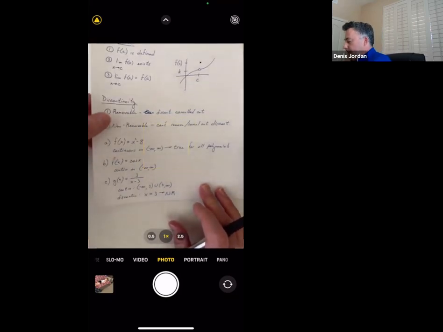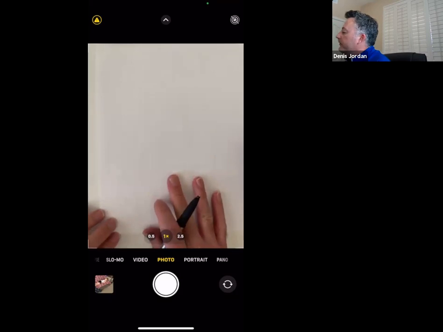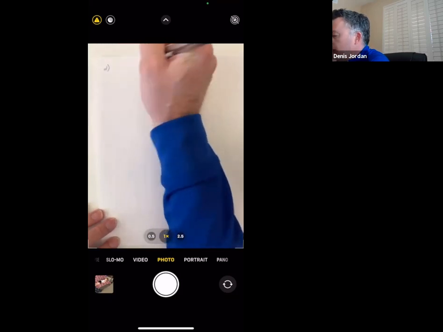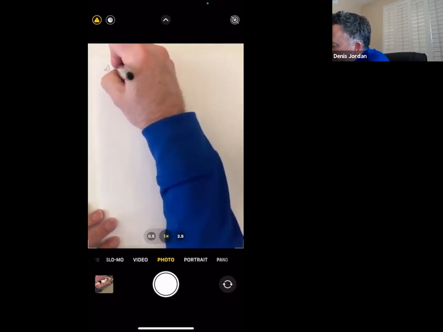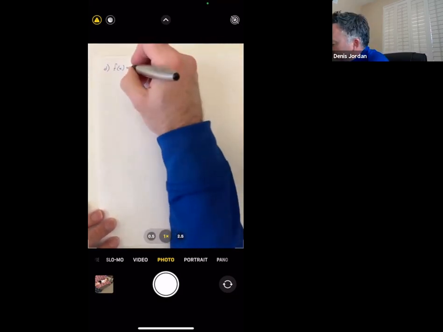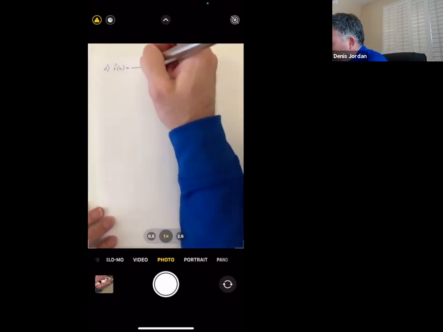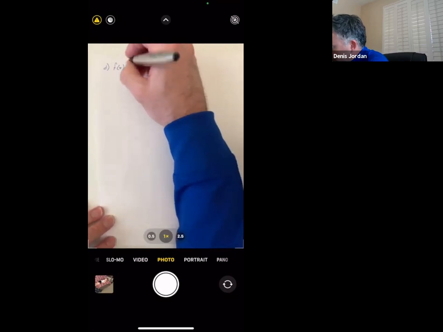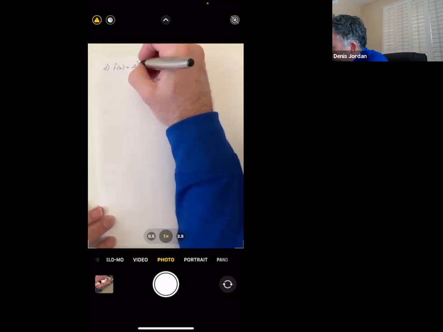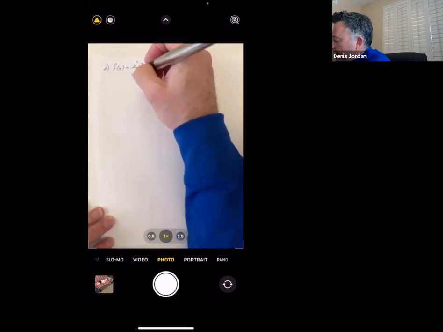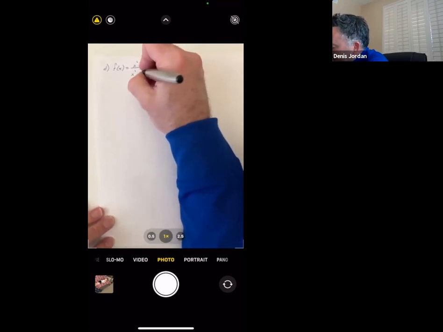All right, let's try a couple of other ones. Let's go f of x is equal to x squared minus 7x plus 10 over x squared plus x minus 30.